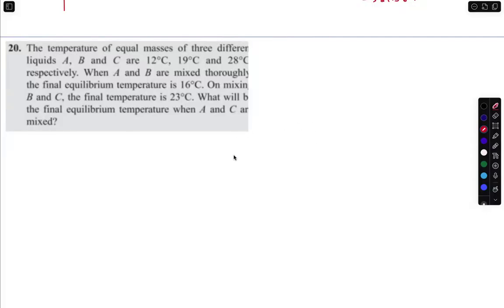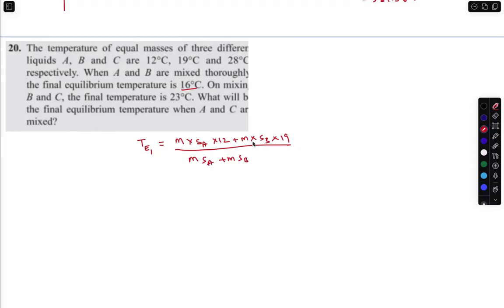The temperature of equal masses of three different liquids A, B and C are 12, 19 and 28 degrees centigrade. When A and B are mixed thoroughly, the final equilibrium temperature is 16. You know what is the meaning of this? T equilibrium is, you mixed A, M into specific heats SA into 12 plus M into SB into 19 divided by M times SA plus M times SB.